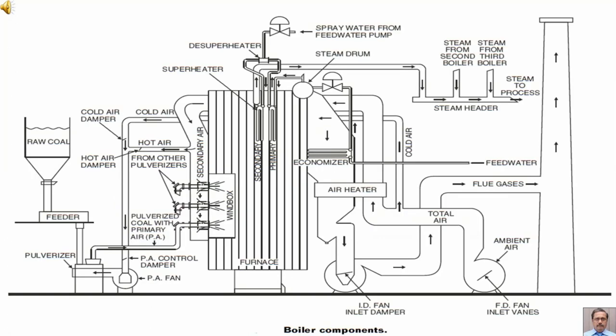This is the boiler components diagram. In this diagram, we can see that in the flue gas path, air heater is coming directly after the economizer.